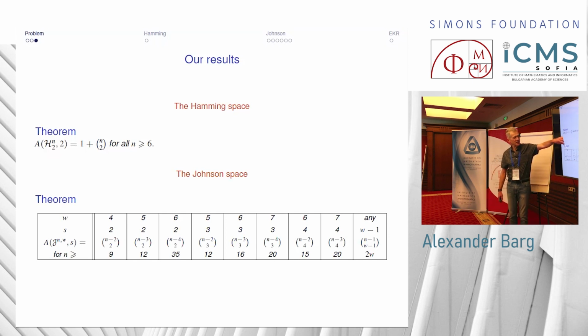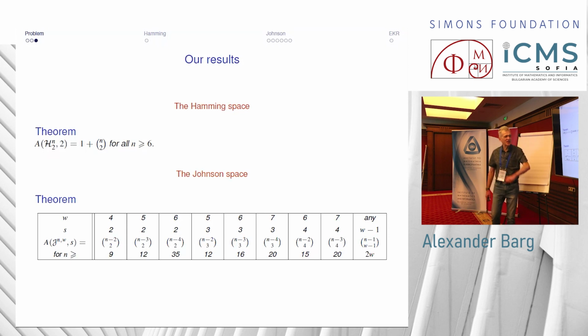If the weight is 4, 5, 6, 7, and the number of distances is 2 or 3 or 4, then the size of the code is that, starting with n, as shown in the bottom row. So it sort of solves this problem for small weights, 4, 5, 6, 7.